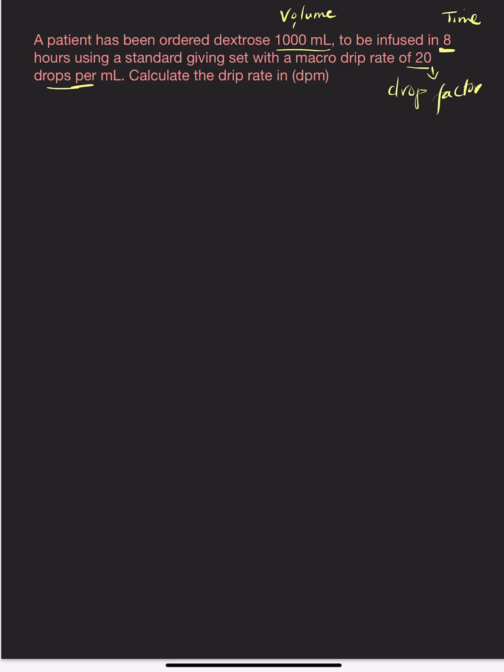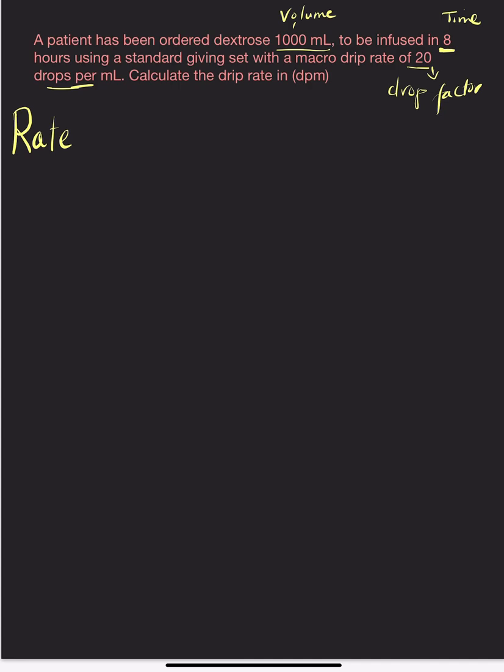So now we can work through this and talk about the formula. The formula that we normally use is for the rate. And rate to me is more like a speed at which you'll be infusing this fluid. When I talk about speed, I tend to go back to the speed at which you drive your car, which is kilometers per hour. The speed at which we infuse this dextrose will be in drops per minute.